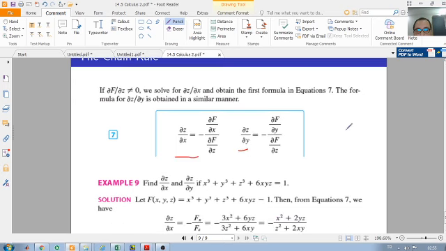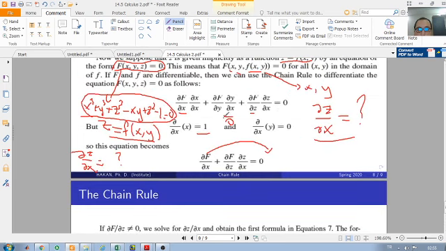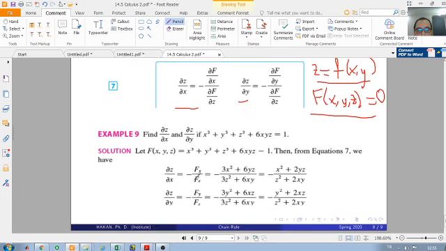They are the formulas for the partial derivative of the function z is equal to f of x, y, such that it is defined by the implicit relation F of x, y, z is equal to 0, the implicit expression for the function. We don't know its explicit definition, but we can find the partial derivatives of this function by using the formulas written here, and this is the proof of these formulas.